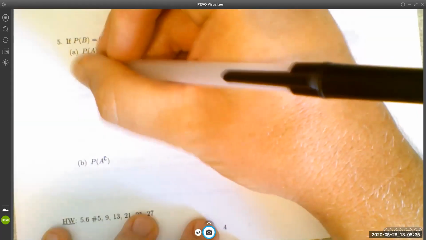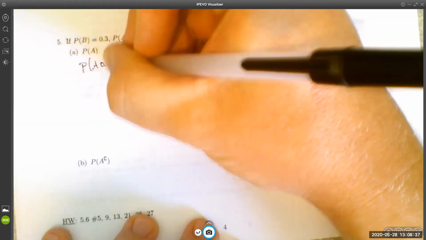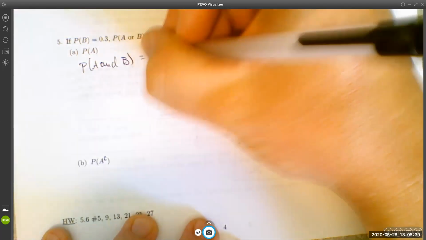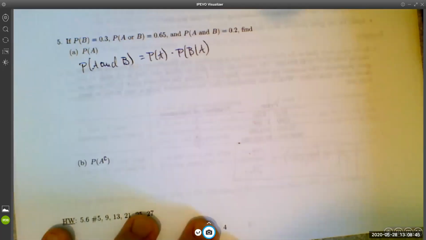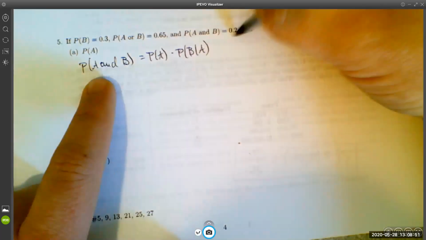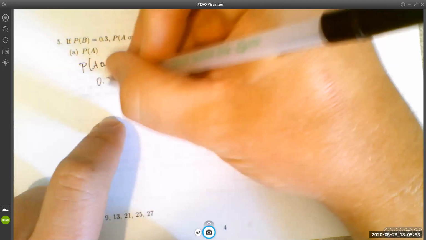So for example, if I want to find probability of A, one of the formulas that I have is for the probability of A and B, right? I know that the probability of A and B is probability of A times probability of B given A. So, well, this is nice. I know what the probability of A and B is, right? That's 0.2, so I could replace that with 0.2.